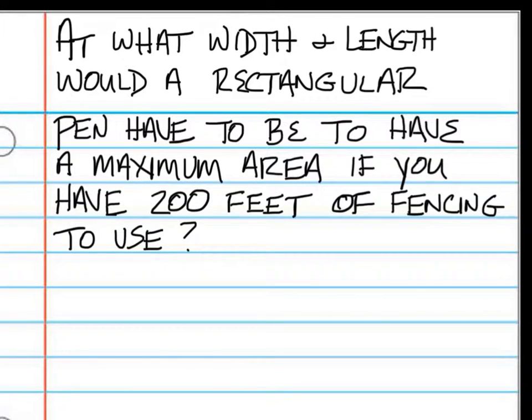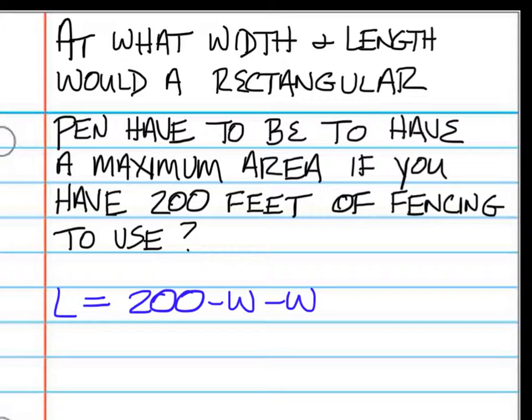At what width and length would a rectangular pen have to be to have a maximum area if you have 200 feet of fencing to use? So we did one like this last week, where you had to come up with an expression for L. If we start with 200 feet and take away a W, take away another W, that leaves us with just the lengths that are on the rectangle.